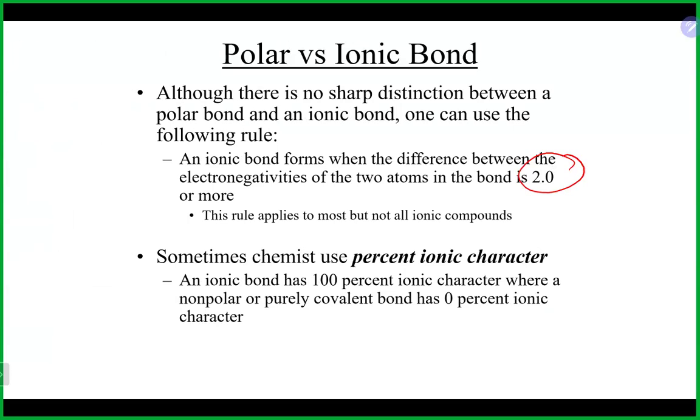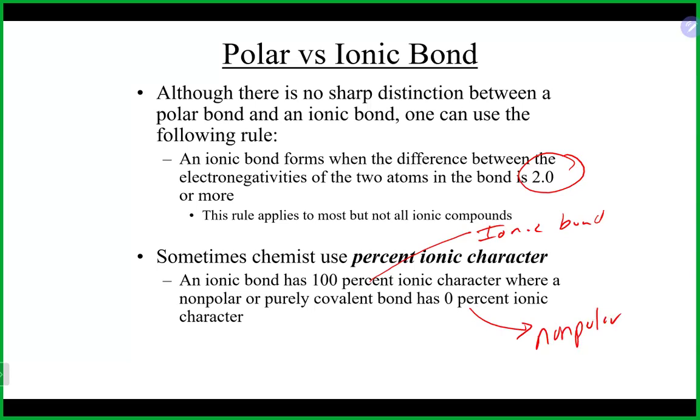There's also a way that bonds are sometimes classified, and we talked a little bit about it a second ago, and that's by percent ionic character. If something is 100% ionic character, that means it's an ionic bond. If it's 0% ionic character, that's going to be a nonpolar bond.